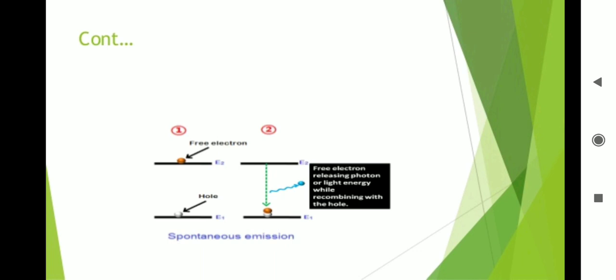On coming back to the ground level, the atom emits the energy difference of the two energy levels, that is E2 and E1.